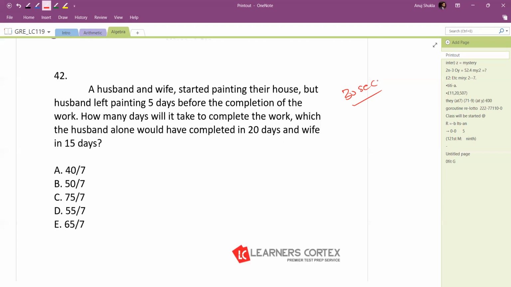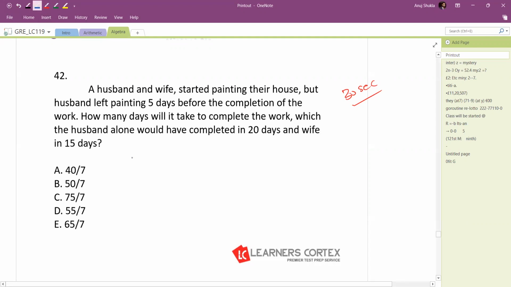What's the answer? It's the same model we have solved right before.